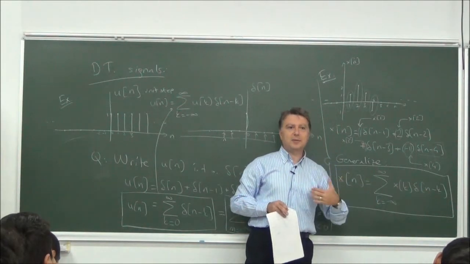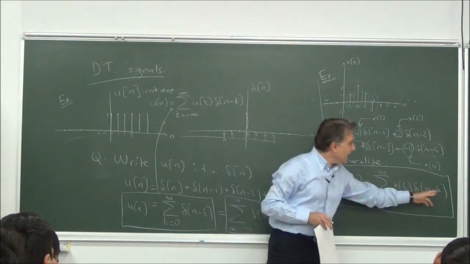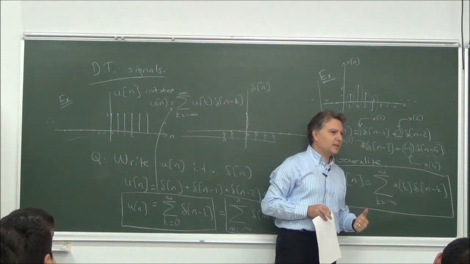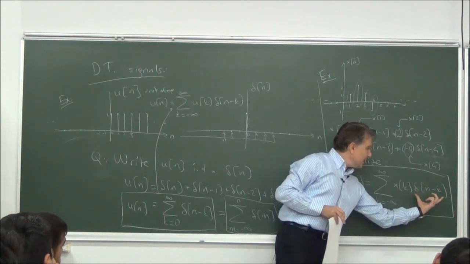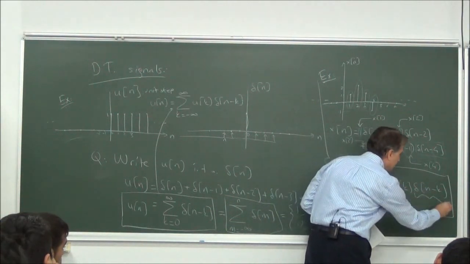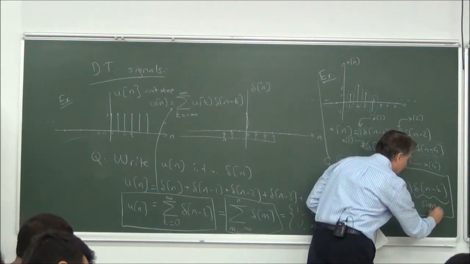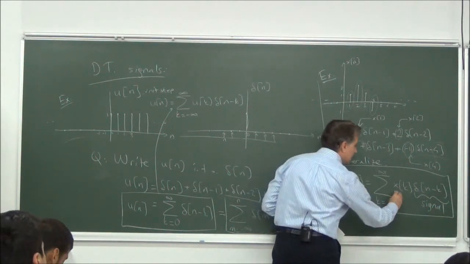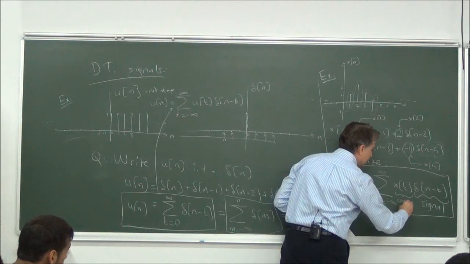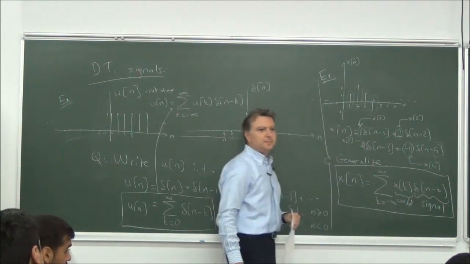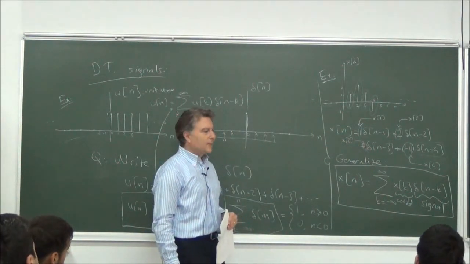The time variable here is n, and k is the amount of shift. So this is a shifted signal, and this is a coefficient. It's a scale.